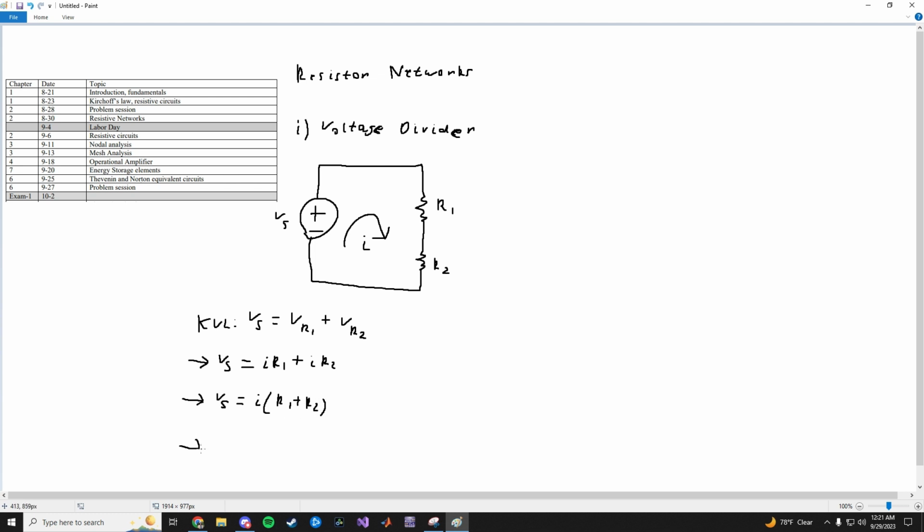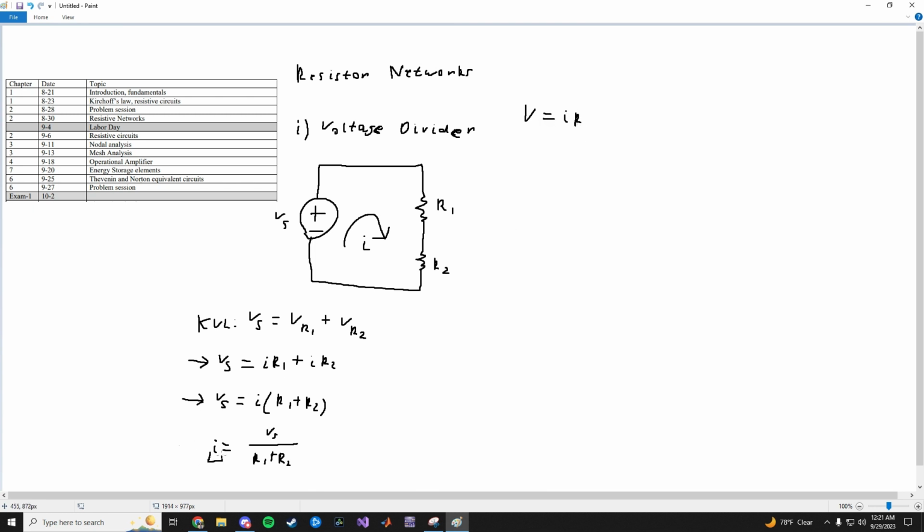When you solve for the current, I is equal to VS divided by R1 plus R2. Now, you can multiply I by R, because V is equal to IR. Remember, that's Ohm's law.